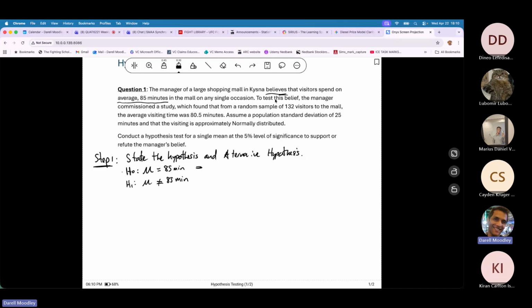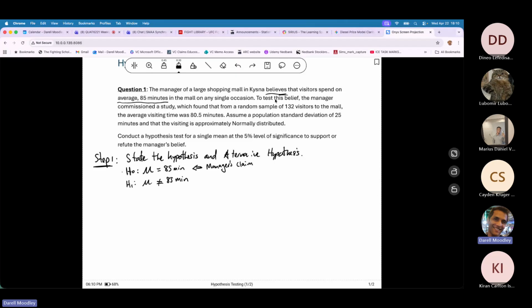If you read the text, the manager believes that the average is 85. So I put a note here to say that this is the manager's claim. And there's a reason why I do this, and it's because when we get to the end of hypothesis testing, when we finish the first step, we need to come back here and just check which is the claim, and then we can make our decision.